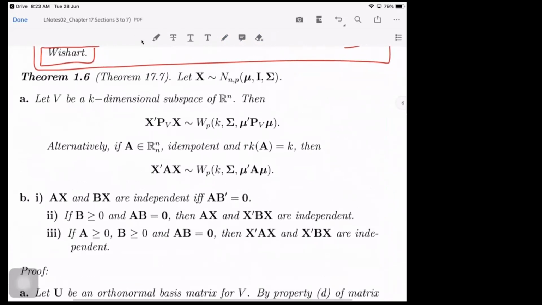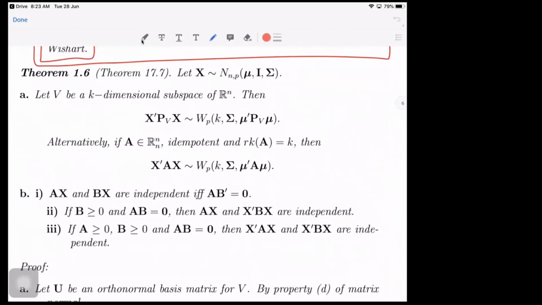And we were also doing some transformation on X, which is normal, and it becomes Wishart even if we are talking about the projections.